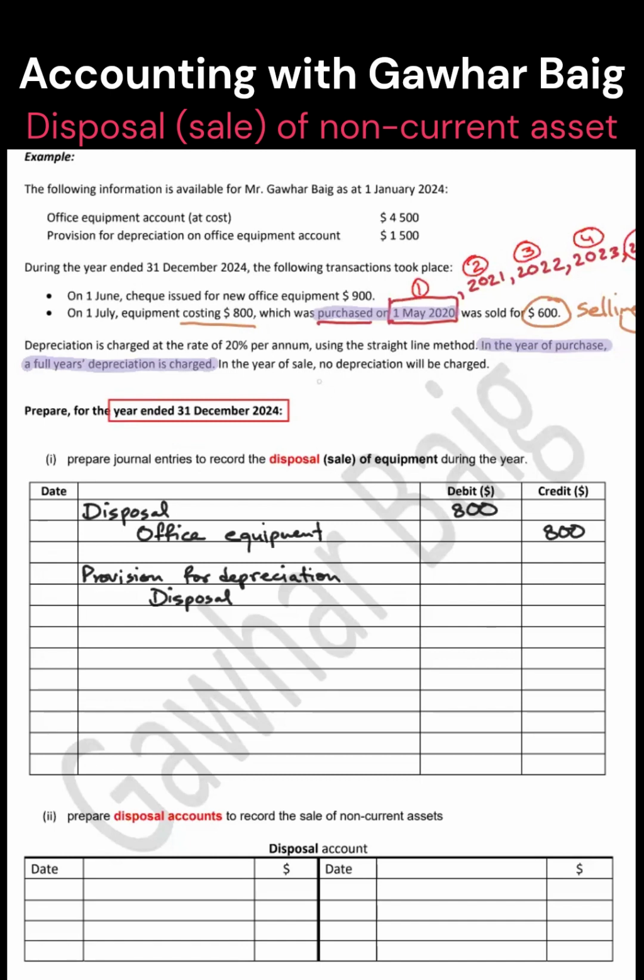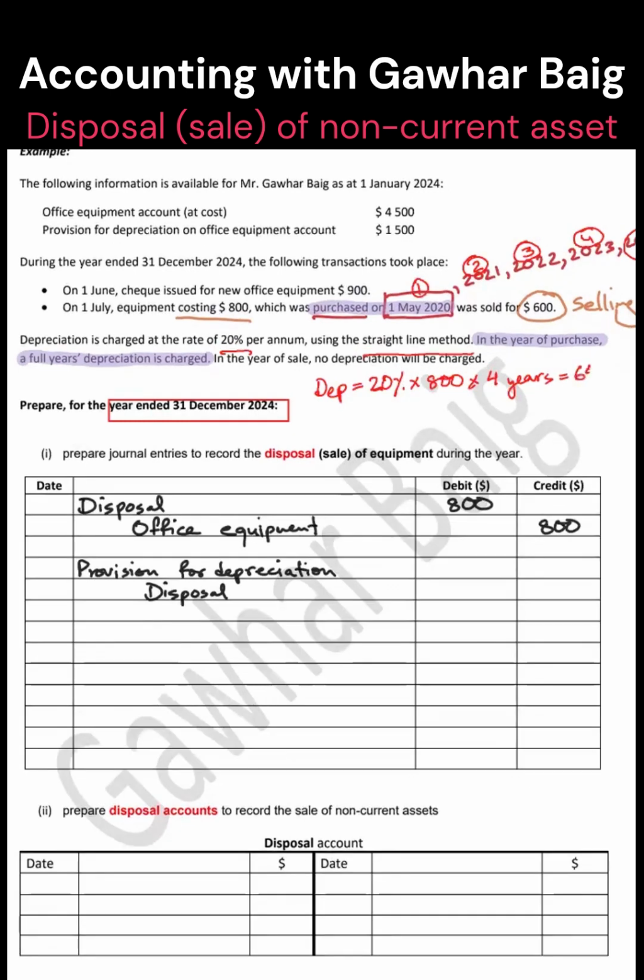So the depreciation calculation will be for 4 years using the 20% straight line method. So 20% on the cost of the asset, which is 800, for 4 years, which goes to $640.